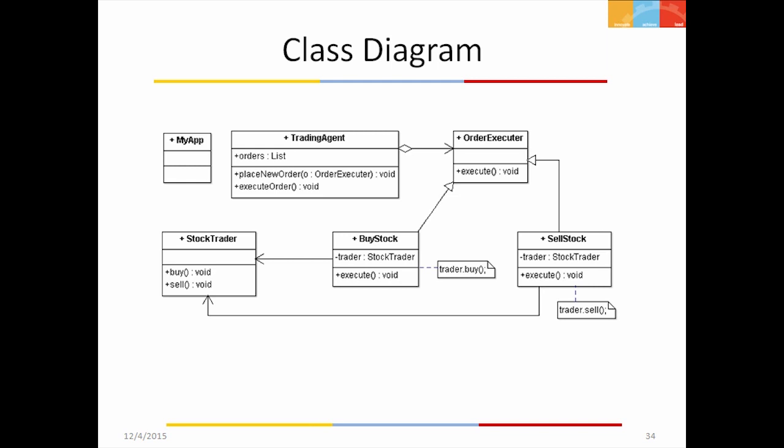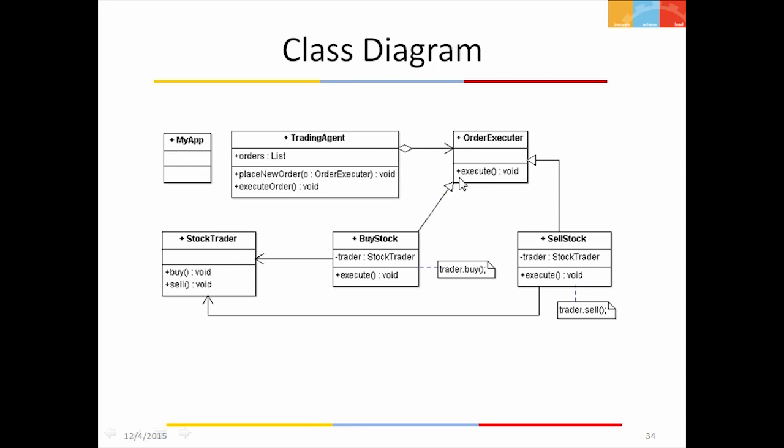So here there is a command which is basically the order executor. And there are different types of order executors. Like in this case, it's a trading example. Suppose you are building a trading platform, a stock trading platform. So buying a stock or selling a stock are essentially two operations which inherit from order executor, and it has a method called execute.